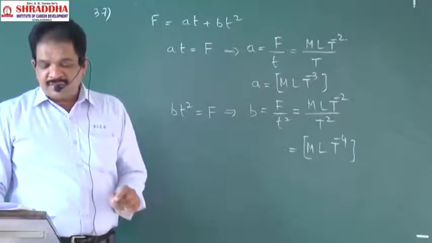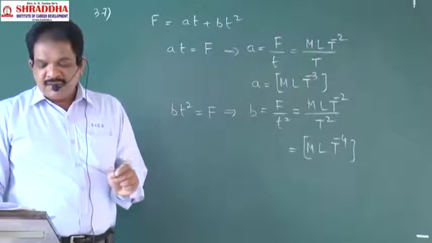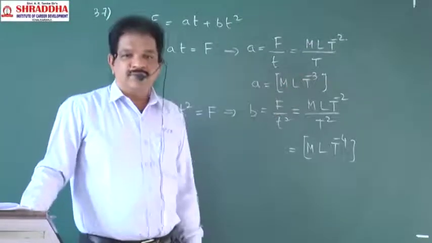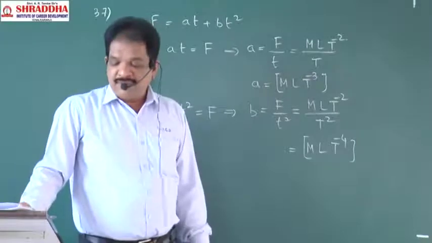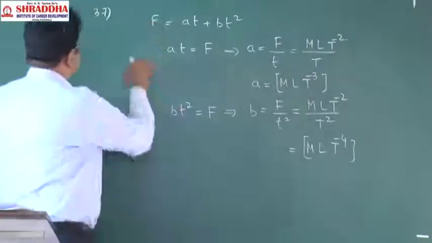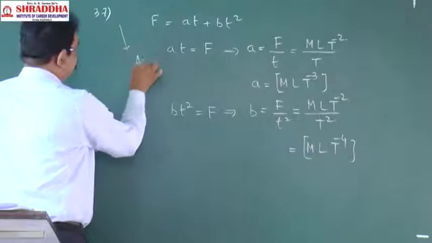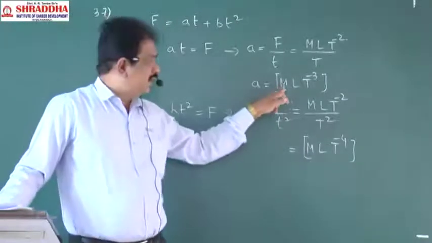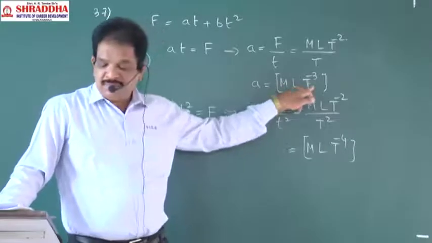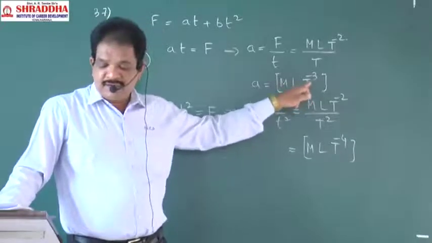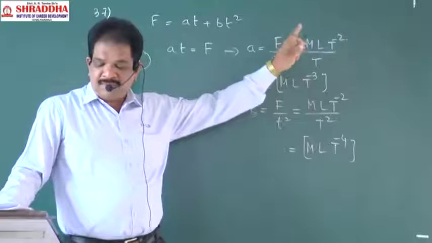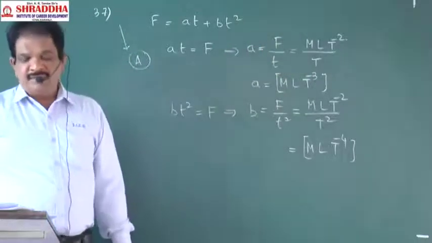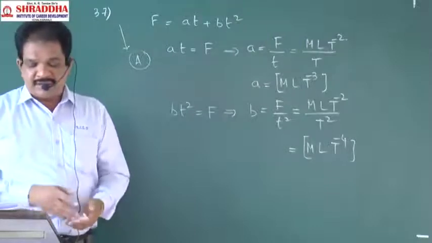So what will be the answer for that is 37. Modify the third option: first option, M L T power minus 3, you modify, minus they listed in typing. 37 will be the first option. Modify the first option initially, that is M power 1 L power 1 T power minus 3, like that you write.